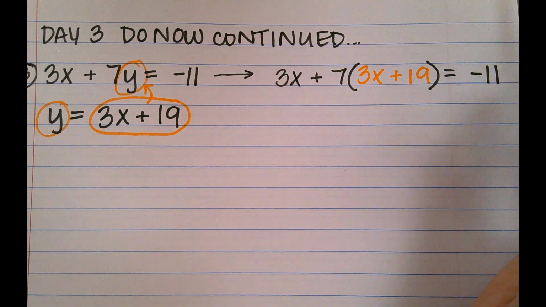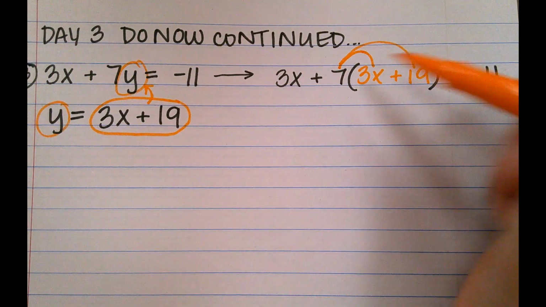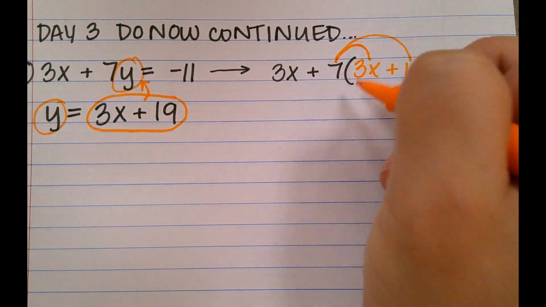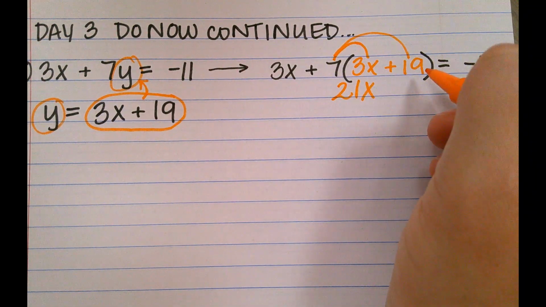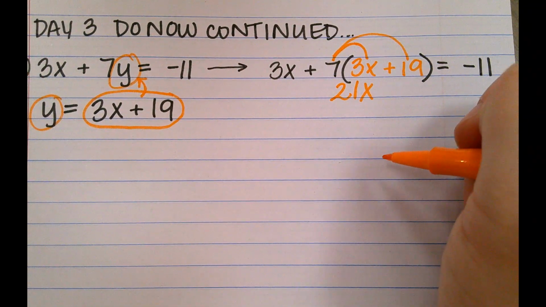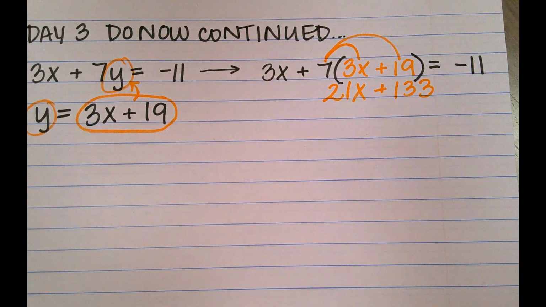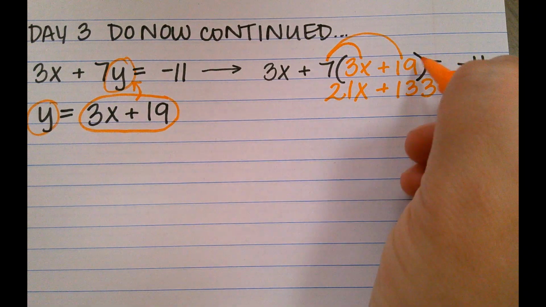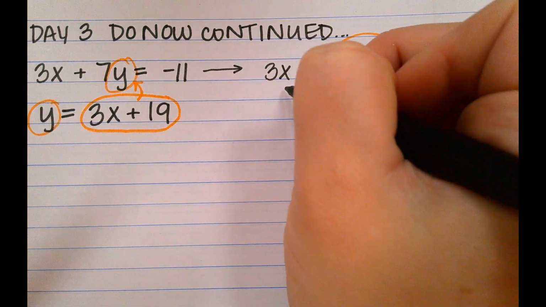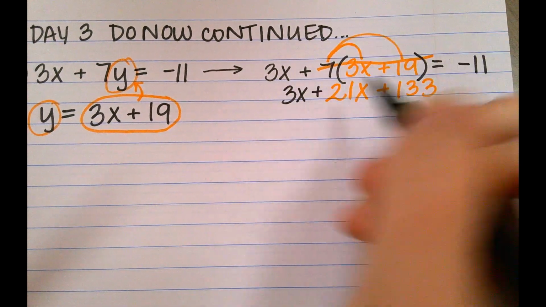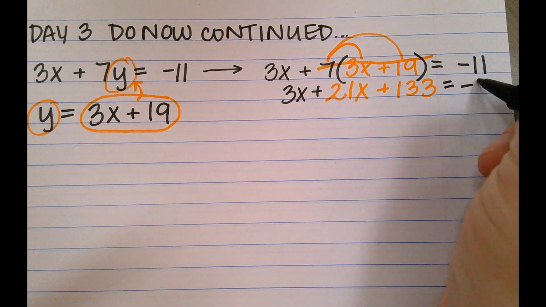What am I multiplying? 7 with the 3 and the 7 with the 19. Perfect. 7 times 3x, which is 21x, and then 7 times 19, 133. Perfect. Then I bring everything else down, and I'm going to cross out this part so I don't accidentally bring it down. 3x plus, comes down, 21x plus 133 equals negative 11.